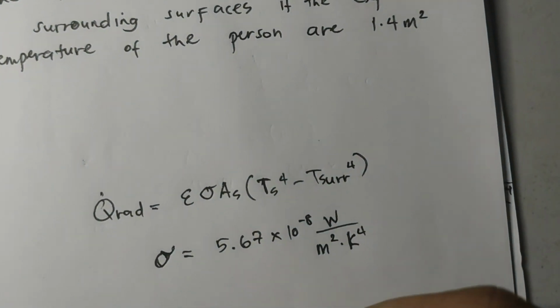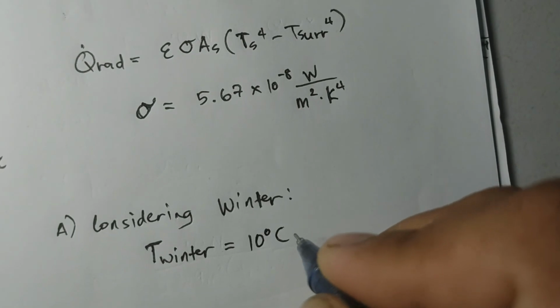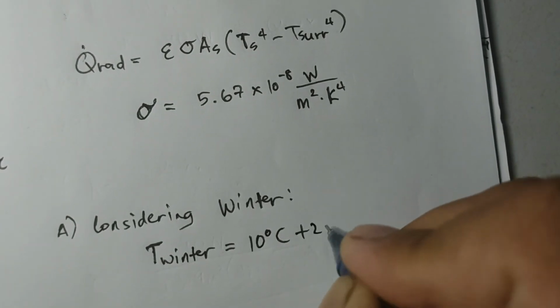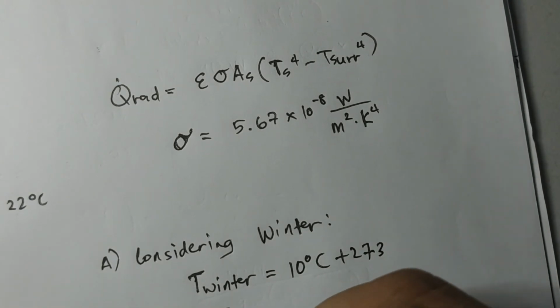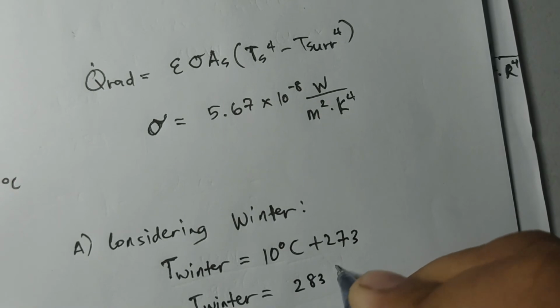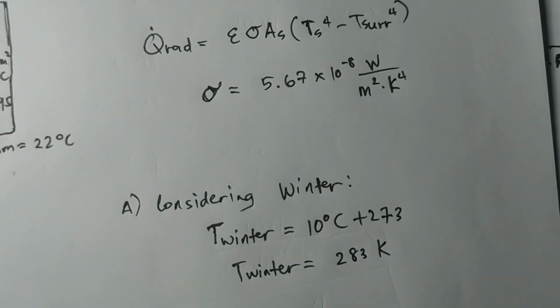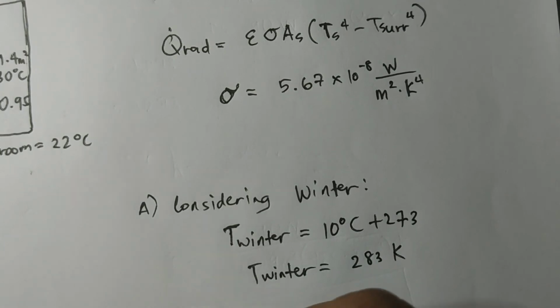So para maging absolute, gawin mo 10 degrees Celsius plus 273 para makuha mo yung absolute mo. So T winter is equals to 283 Kelvin. So kunin natin ang heat of radiation during winter.